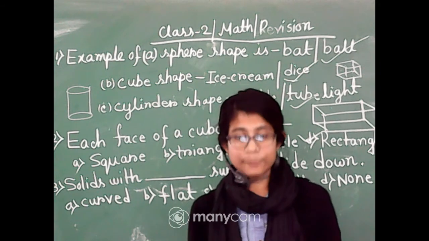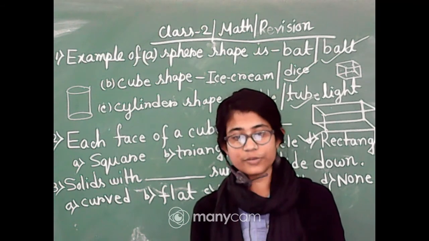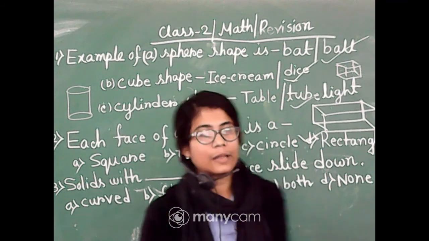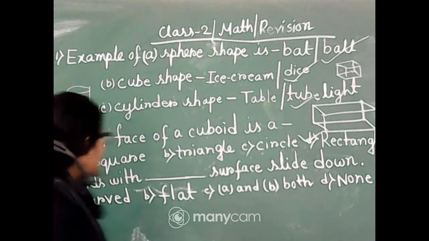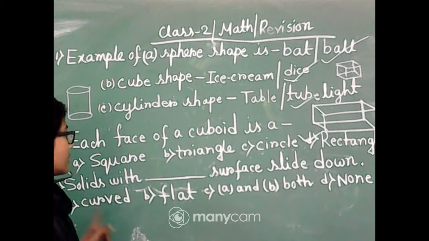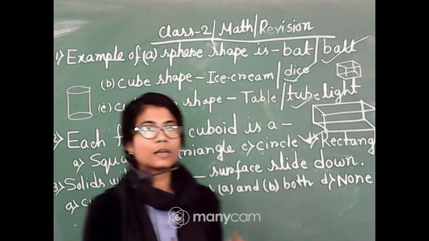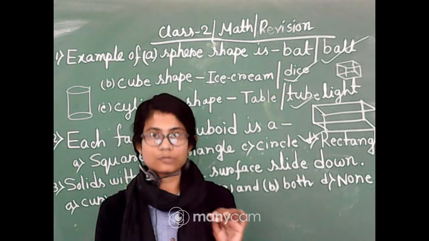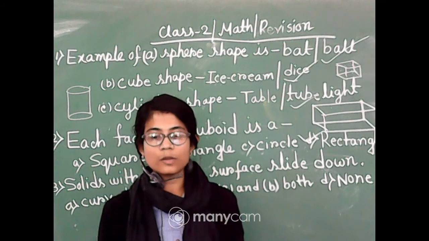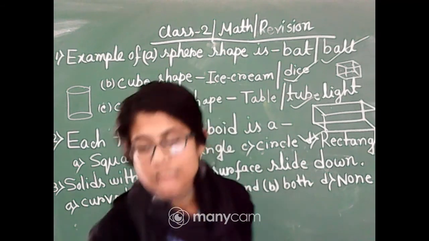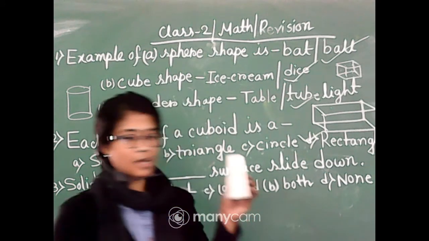Those 5 solid figure examples have been given in our book. Now they are saying solids with dash surface slide down. So what does a solid thing need to slide down? Obviously it's a flat surface, isn't it?